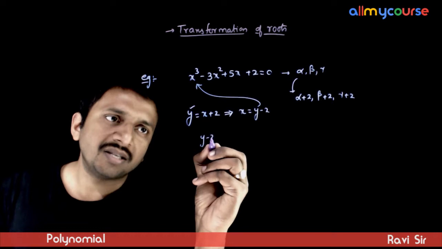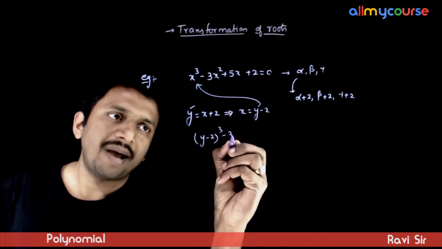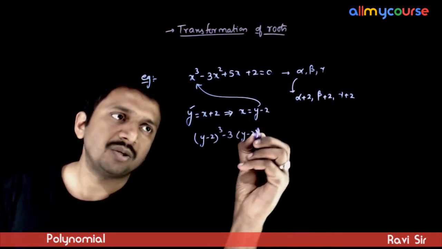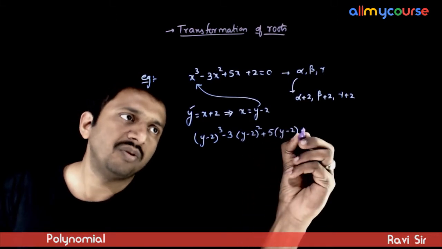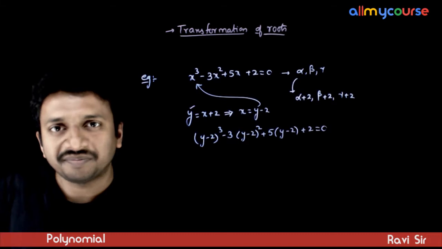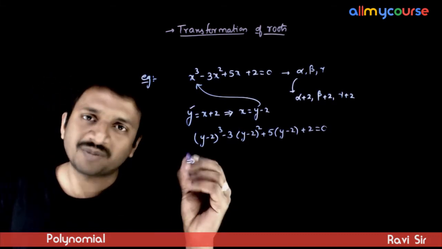So y minus 2 whole cube minus 3 times y minus 2 whole square plus 5 times y minus 2 plus 2 is equal to 0. You just need to expand this.